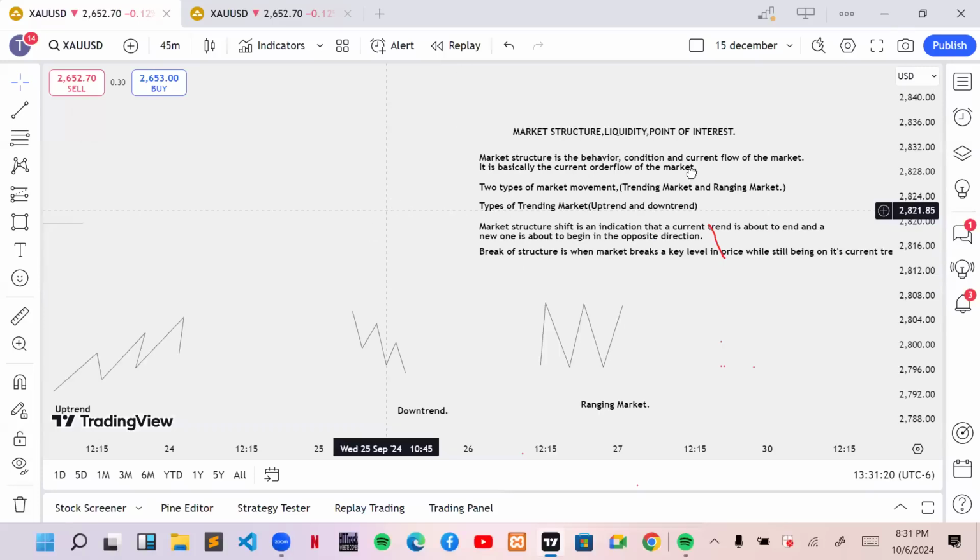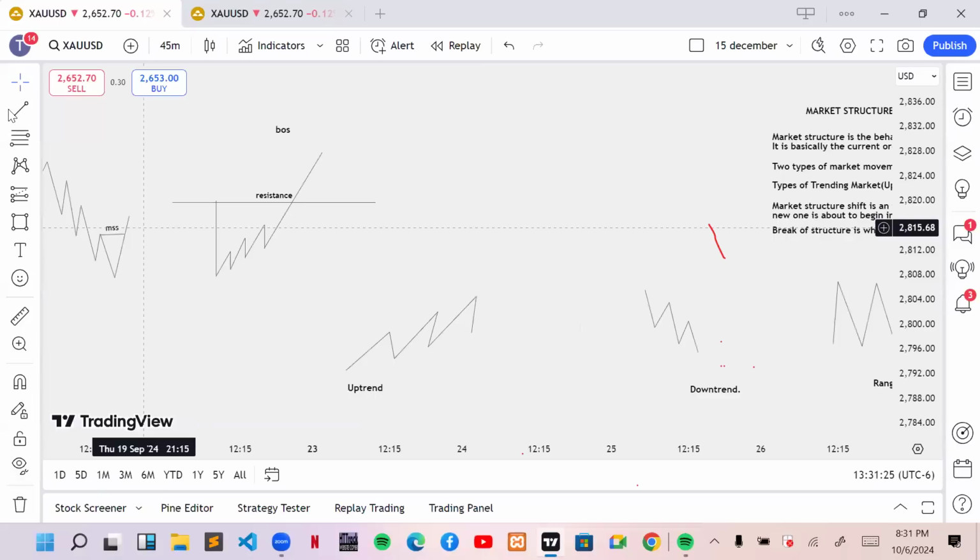This is the break of structure for the market being on an uptrend. Then this should be the one for the market being on a downtrend.